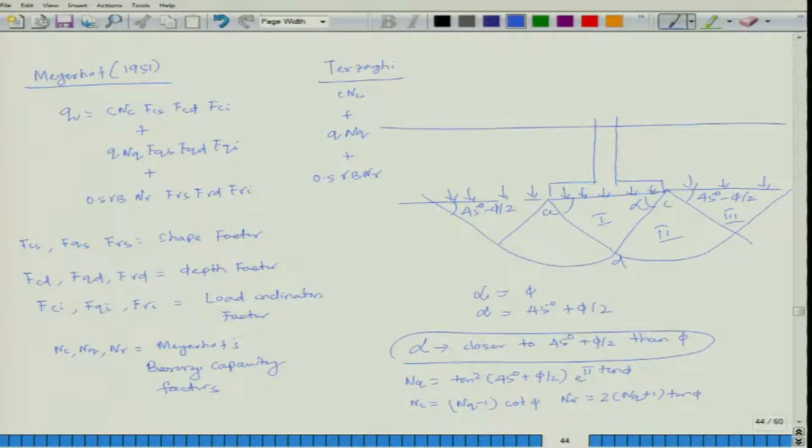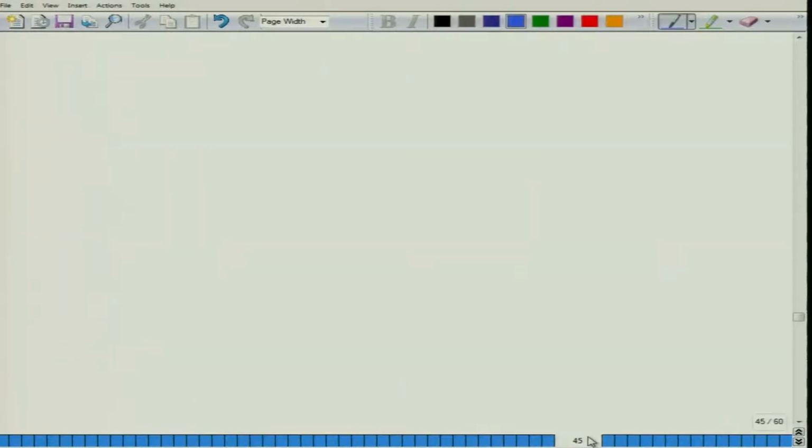So, if you look here, based on Meyerhof's theory, different relationships have been given. This is your factor, this is your relationship, and these are the authors.